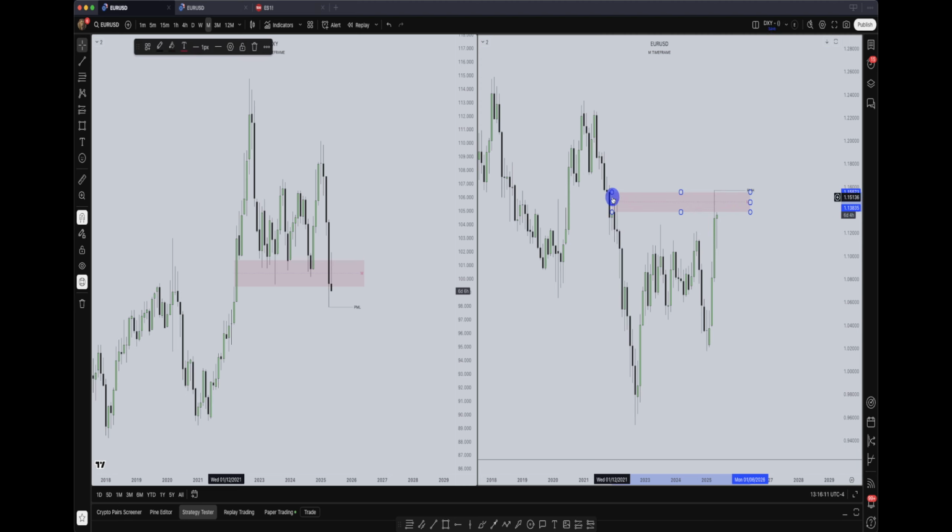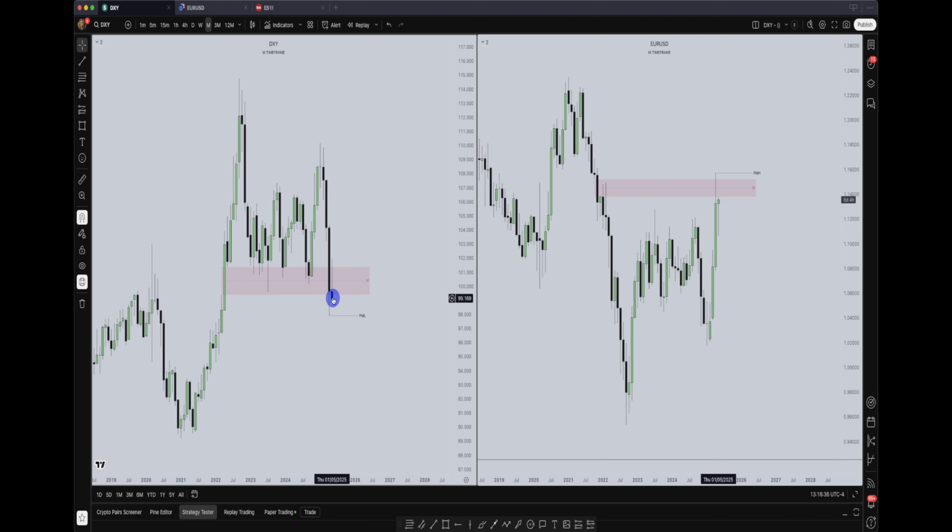As you can see, these fair value gaps act like resistance here and support here. So I would like to wait and see how this week ends, and how this monthly candle closes.